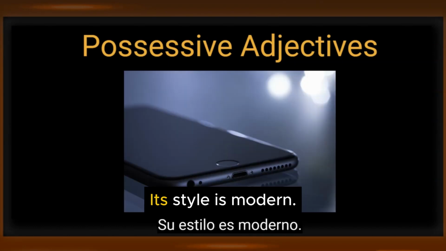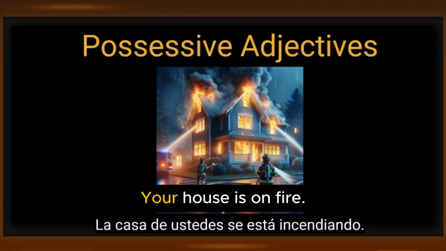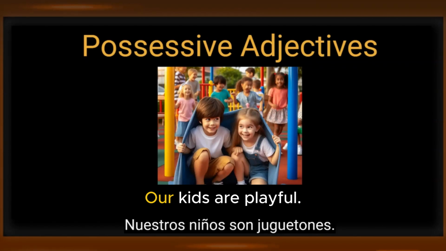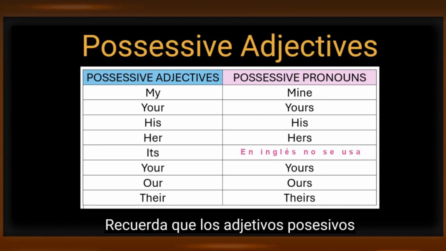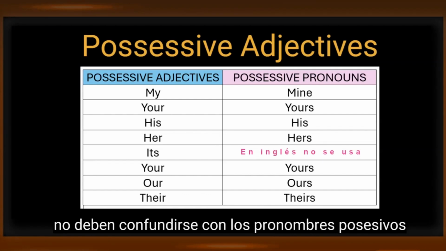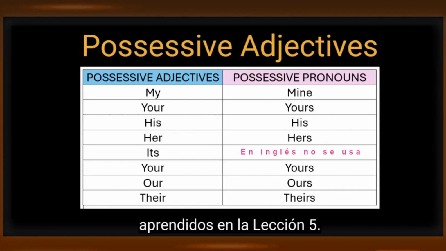Its style is modern. Your house is on fire. Our kids are playful. Their backpacks are black. Remember that possessive adjectives should not be confused with the possessive pronouns learned in Lesson 5.